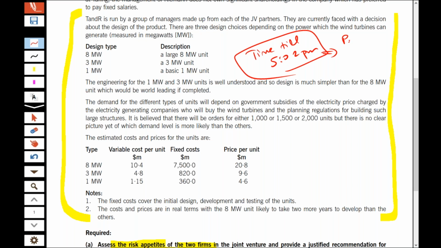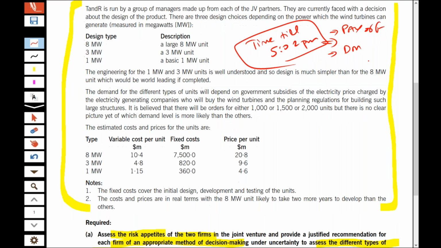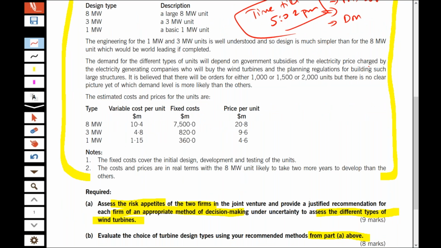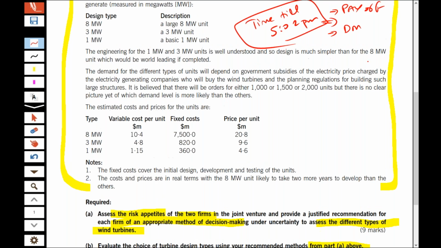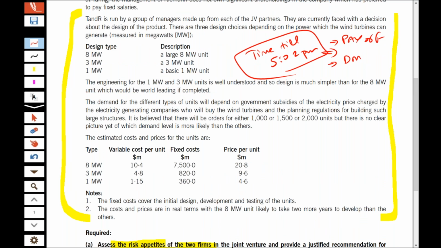You need to prepare the payoff matrix, and in addition to the payoff matrix, you need to apply the relevant decision making techniques. Yeah, take 5.